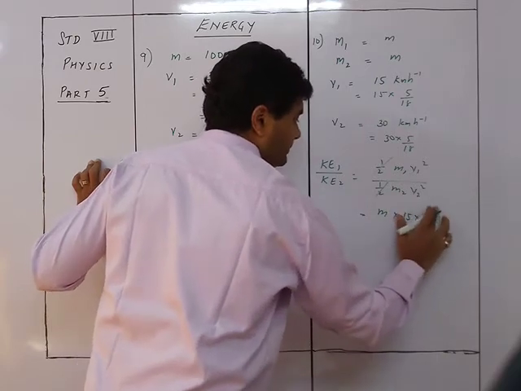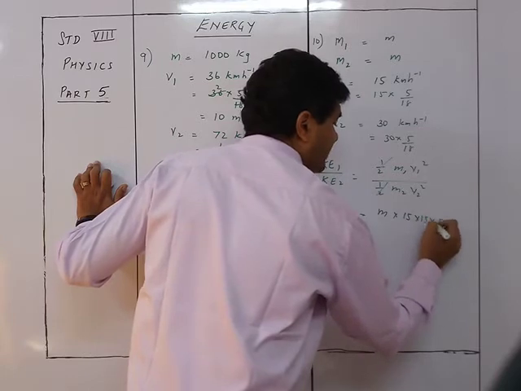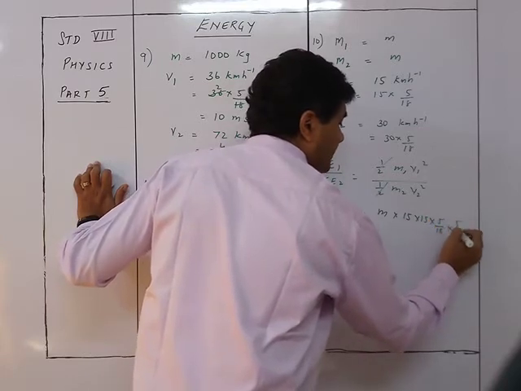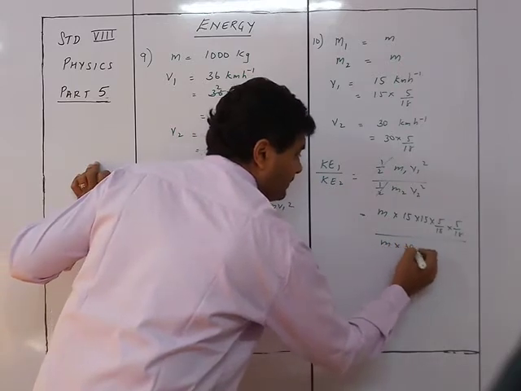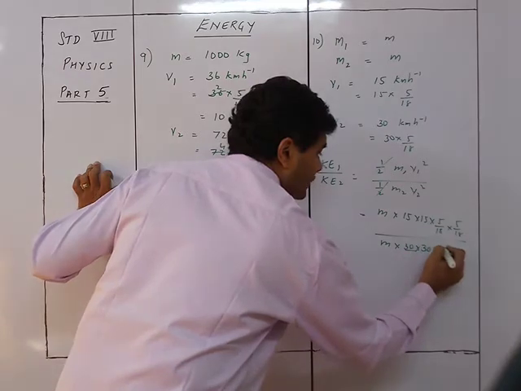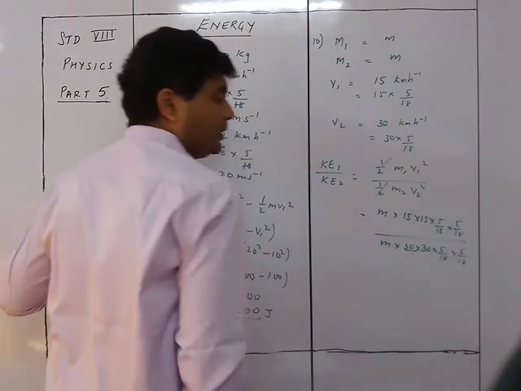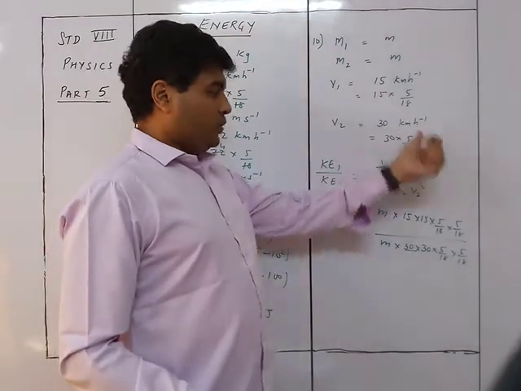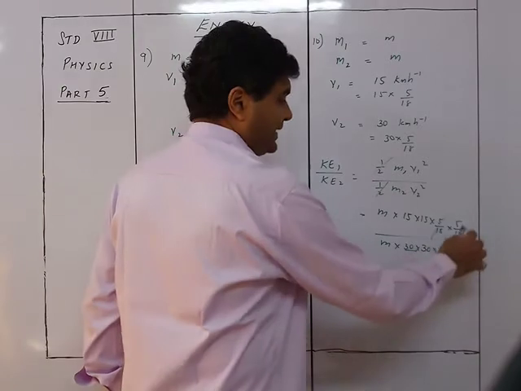or I will take it this way: 15 into 15 into 5 upon 18 into 5 upon 18. I'm not going to multiply anything. Here it is M into 30 into 30 into 5 upon 18 into 5 upon 18. You need not do anything over here because this 5 upon 18 and 5 upon 18 gets cancelled.